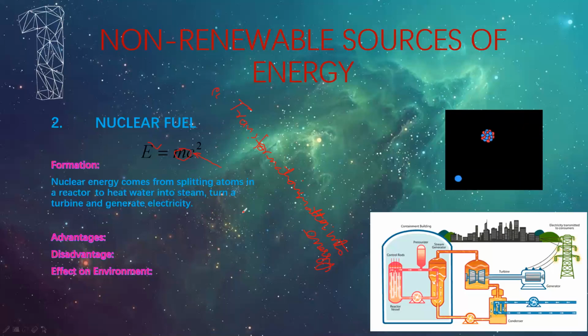So you see that when you convert mass into energy, a huge amount of energy is released, right? And you know that c is the speed of light, which is 3 × 10^8 meters per second.